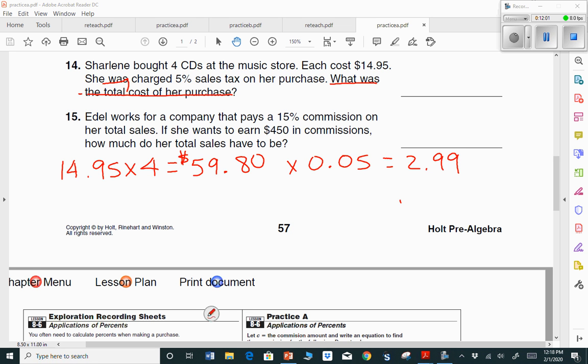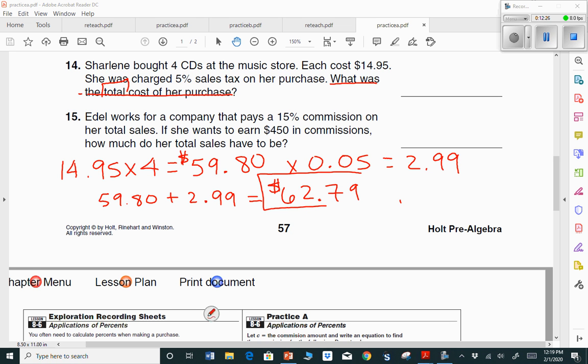So we're going to have to do the $59.80, the cost of the CDs, plus the $2.99 for the tax, and that will give us $62.79 for her total cost.